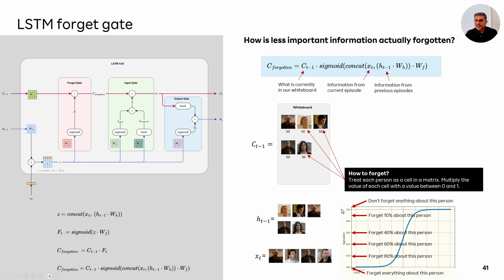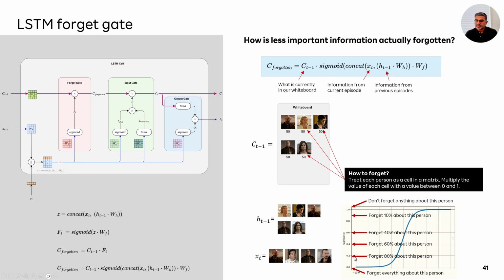Now, you could treat it like this: if the sigmoid value that comes out is 1, it means that you don't forget anything about this person. If the sigmoid value is, let's say, 0.9, it means that you forget 10%. A number multiplied by 0.9 means that 90% of that value is still retained and 10% is forgotten, correct? And so on.